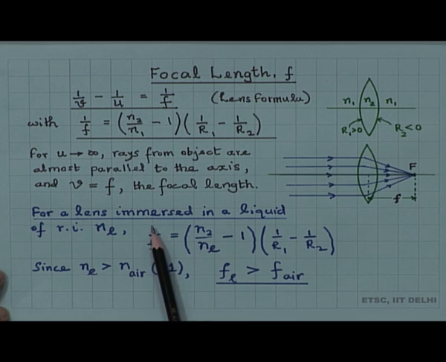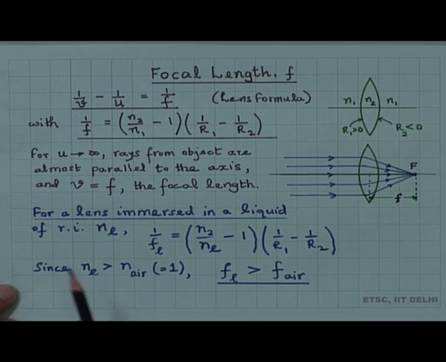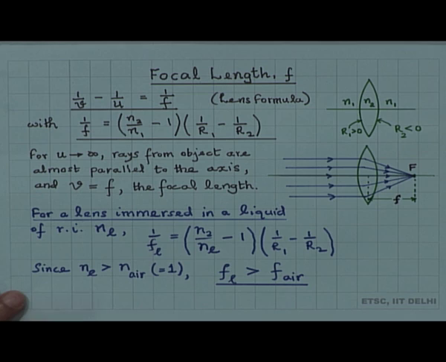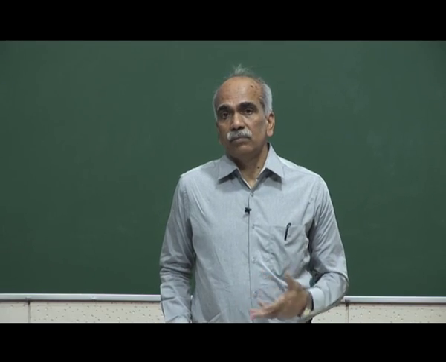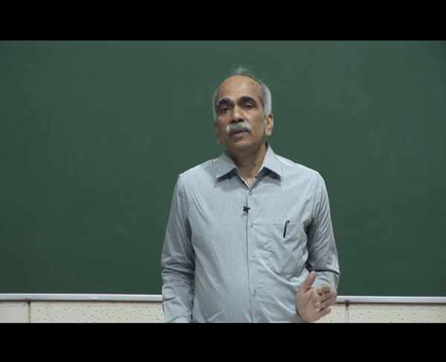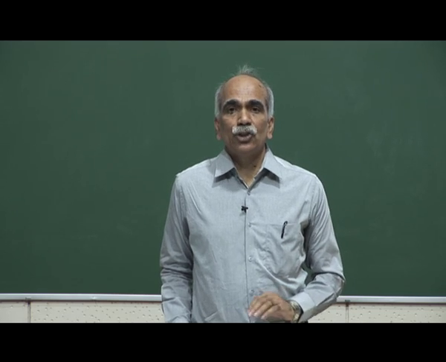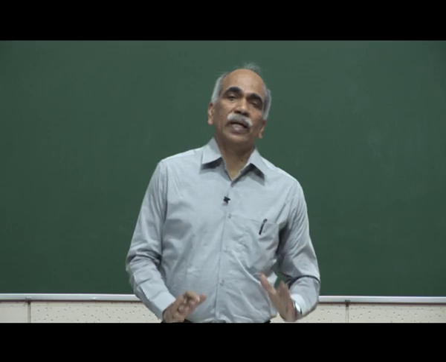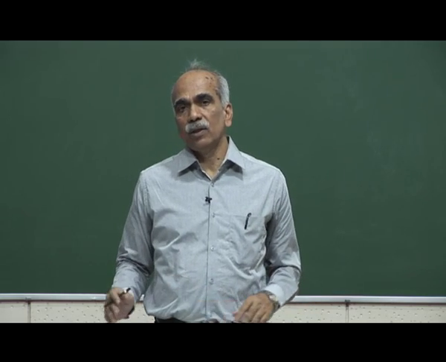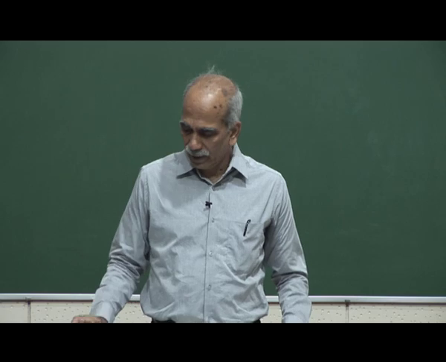This is smaller means 1 by Fl is smaller, or Fl, that is the focal length in the liquid, is greater than the focal length in air. There are several applications where the lens is immersed in a liquid to have a different focal length, and we know that the focal length in the liquid is larger than the focal length in air.